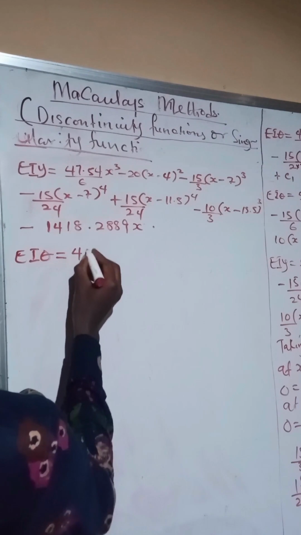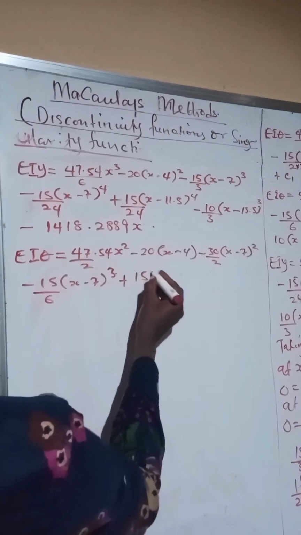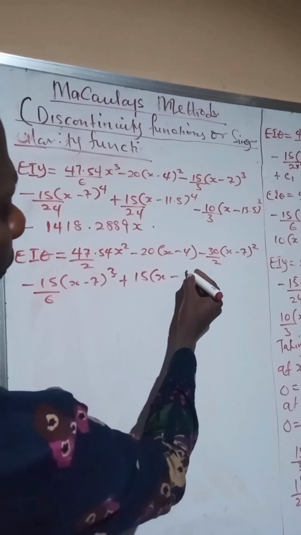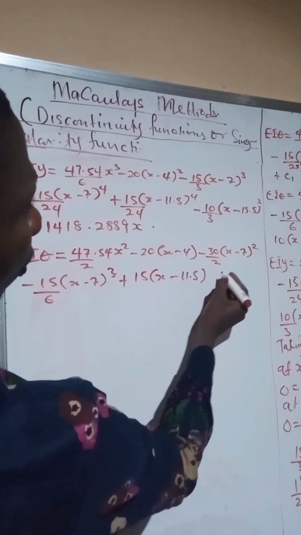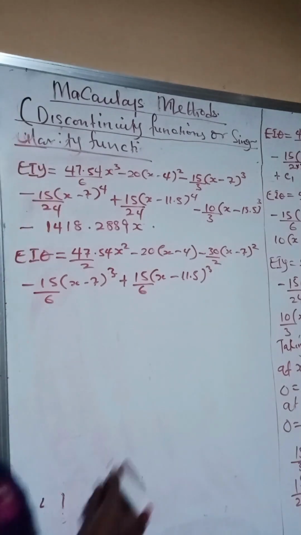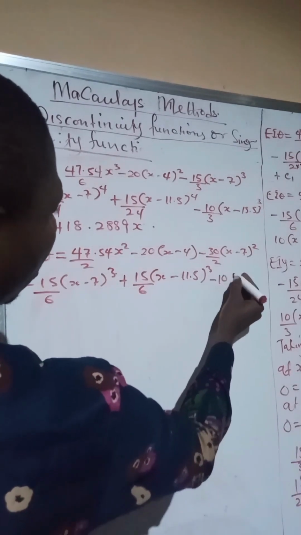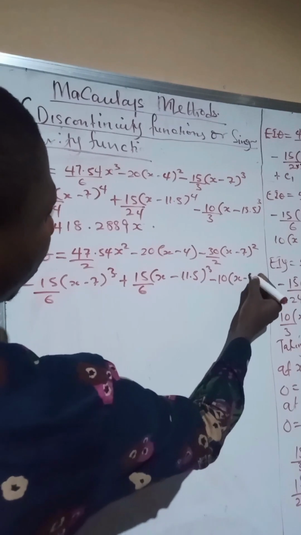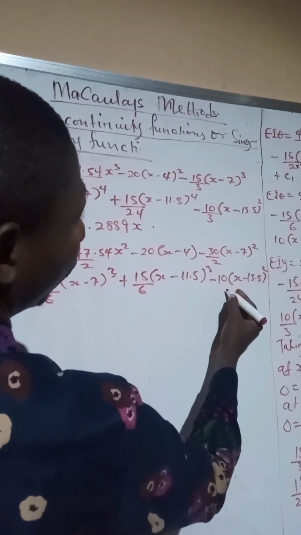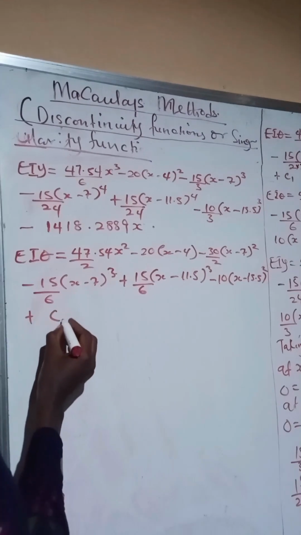Let's rewrite the slope expression. We have 47.515 bracket x minus 11.5 raised to power 3 over 6, minus 10 bracket x minus 13.5 raised to power 2, plus our C1.